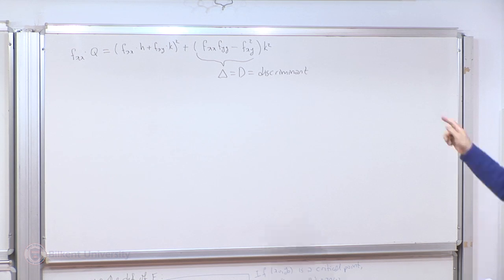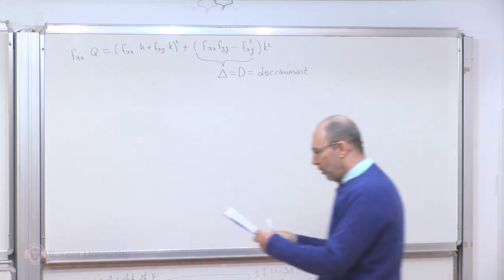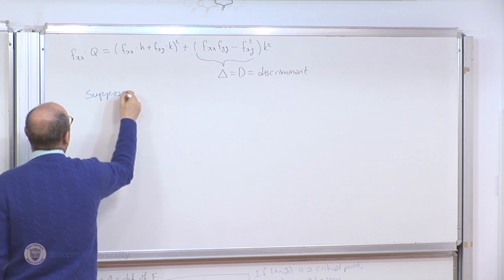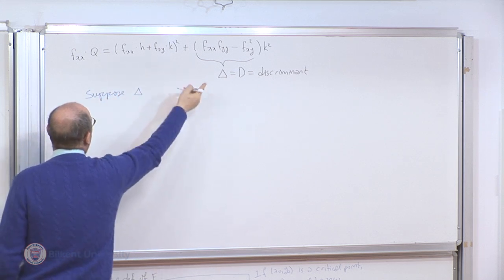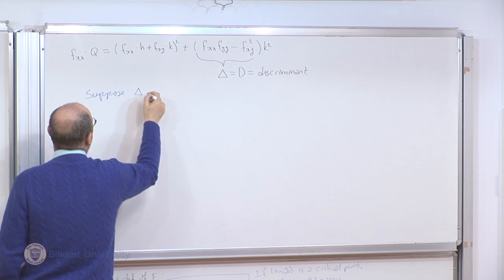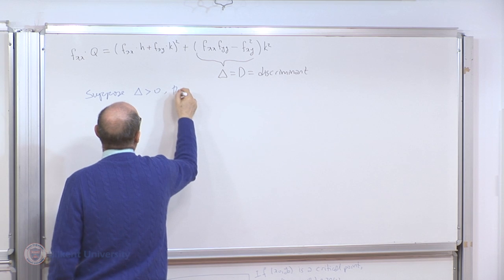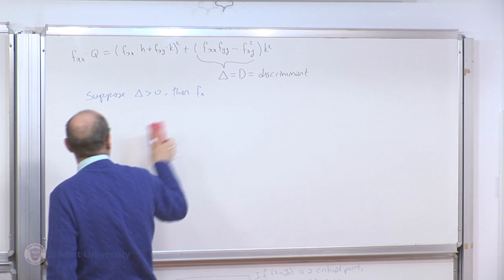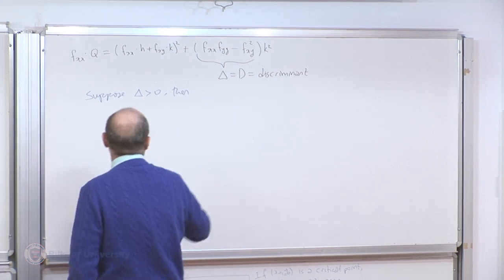That's the second derivative test. So I'll just write the first condition and the rest you can follow from there. Suppose the discriminant, remember that I'm calculating this discriminant at x sub 0, y sub 0, is positive. Let me go step by step since I'll do only one case.